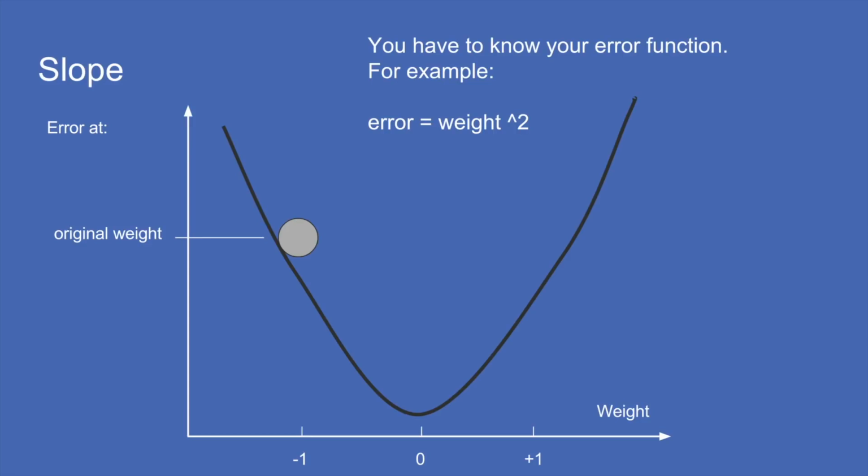So assume we had an error function that was the square of the weight, and you can see that our weight is right at -1. The first thing we do is take the derivative, change in error divided by change in weight, dE/dw. The derivative of weight squared is 2 times the weight. And so we plug in our weight of -1, and we get a slope, dE/dw, of -2.